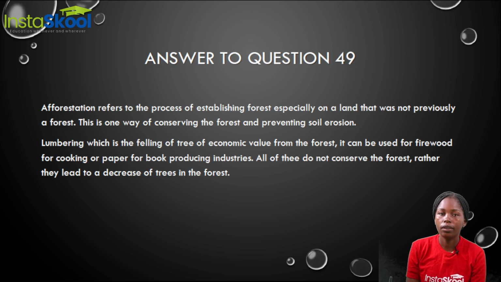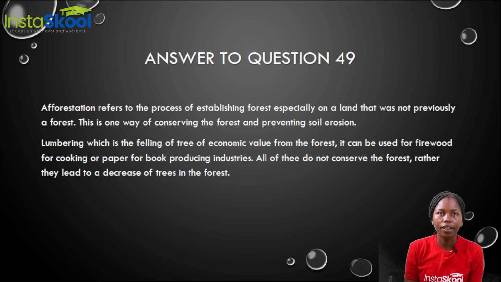And usually, trees are lumbered to be used for different purposes, like for firewood, for cooking, and even for paper to be used in industries that produce books.